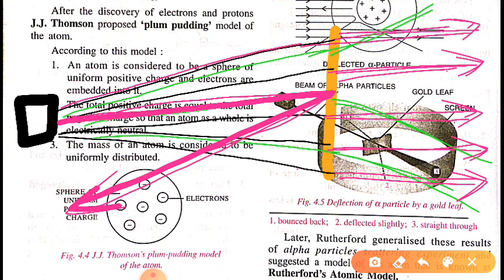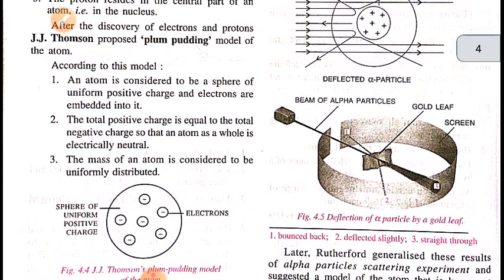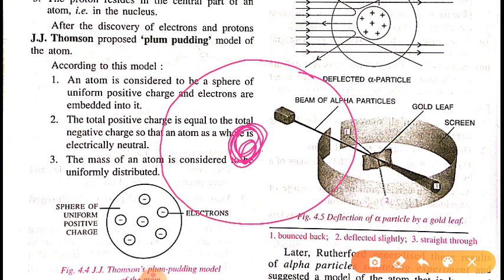Now next, what he told, I am erasing this. Next, he told that the nucleus is at the center, like this, and the electrons are revolving around the nucleus.